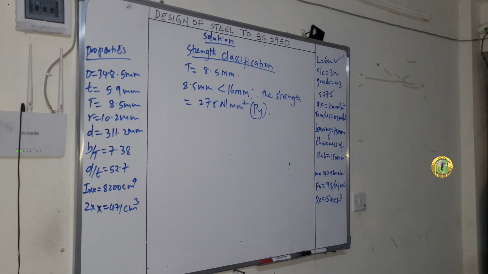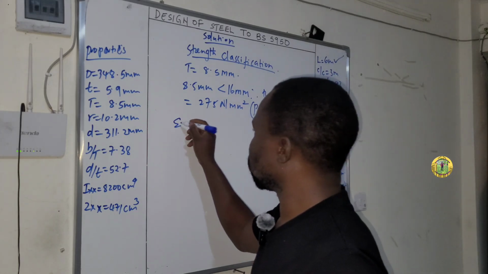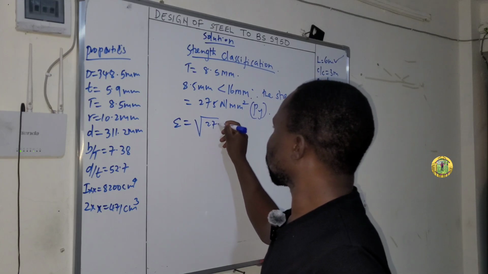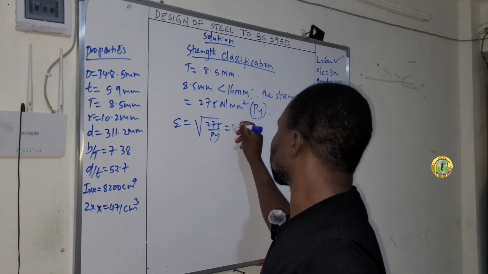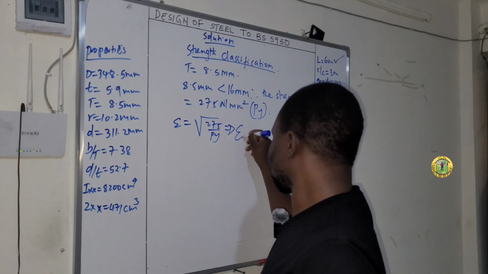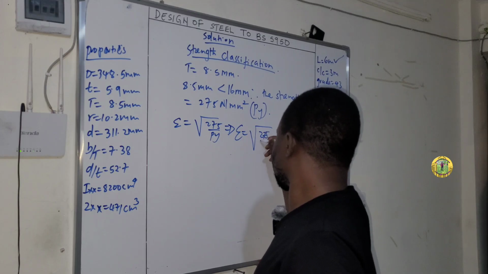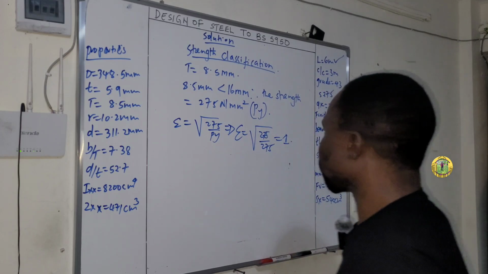We proceed to section classification. And before section classification, let's calculate this value. This one is given by 275 over Py, which implies 275 over 275, which is equal to 1.